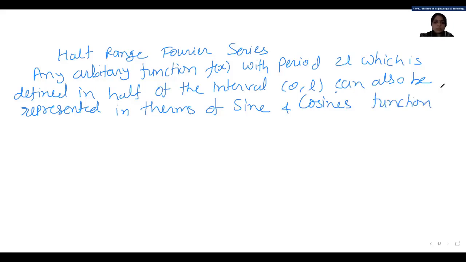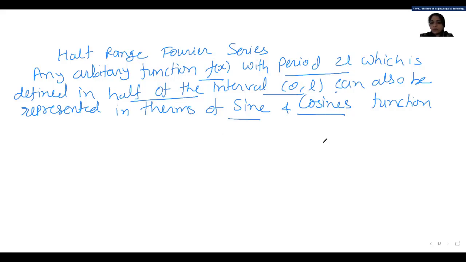Students, it means if we have any function with period 2L, defined in half of the interval and represented in terms of sine and cosine functions, then that type of series is known as half range series.